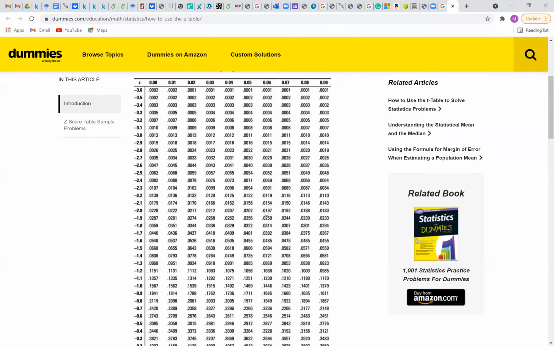So 0.02 is a number between these two values, right? 0.0202 and 0.0197. And the corresponding z-score is negative 2.5 and 2.6. So the average will be negative 2.55.